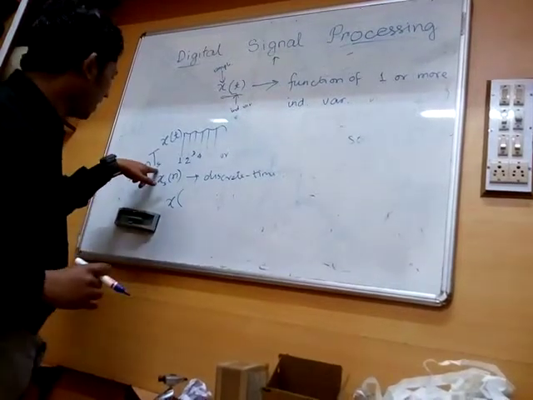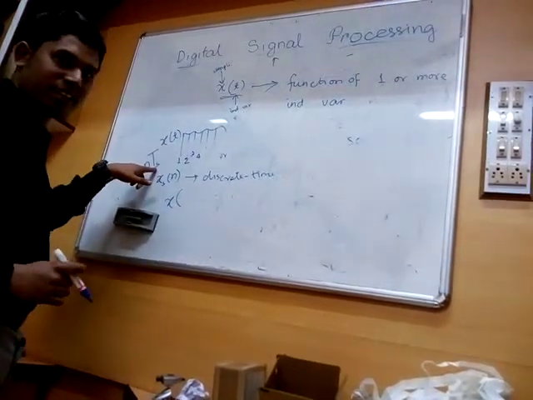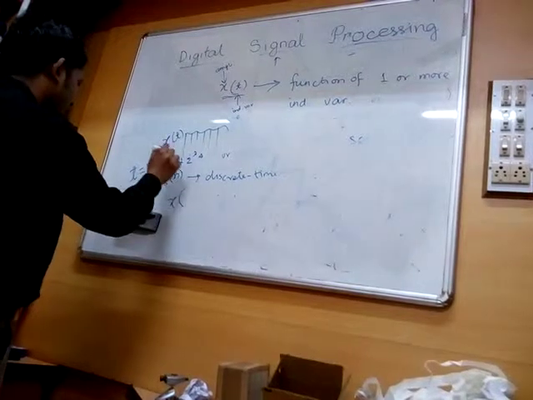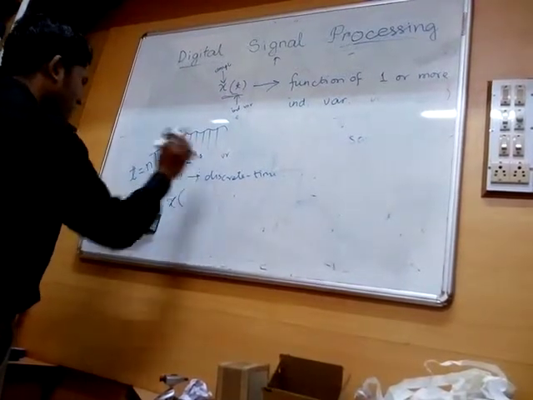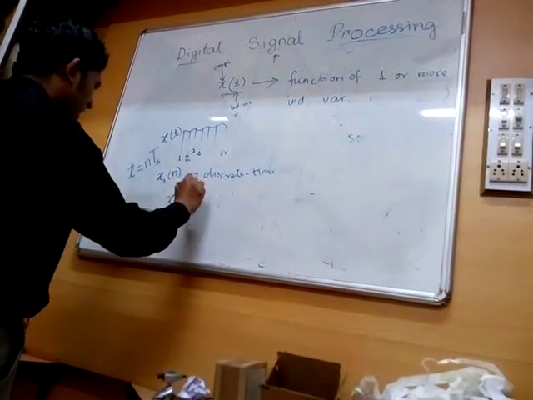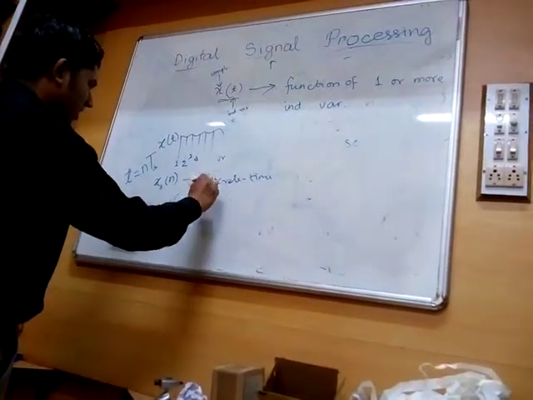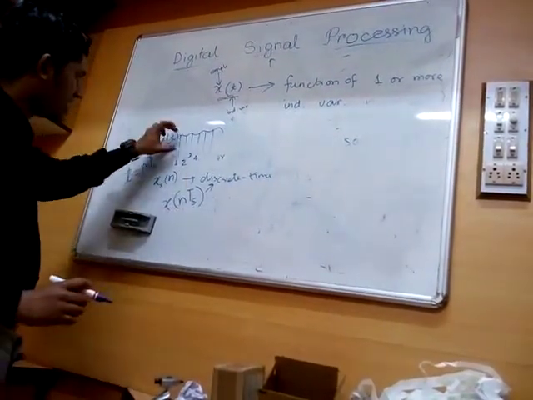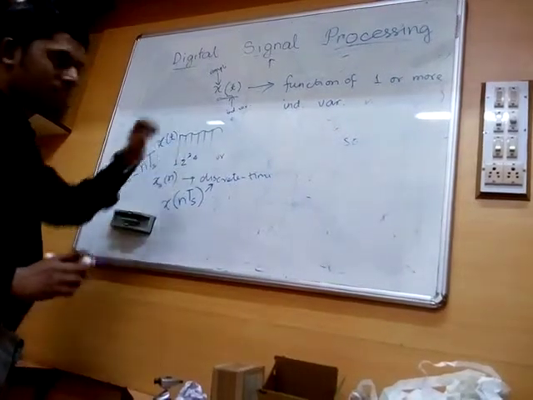If the sampling time is 1 second, I observe this signal at 0 second, 1 second, 2 second, 3 second, and so on.